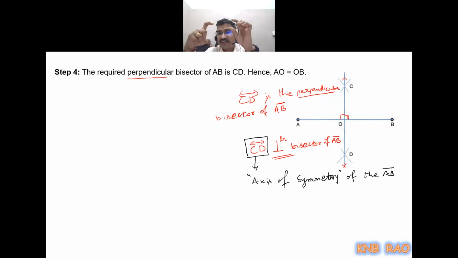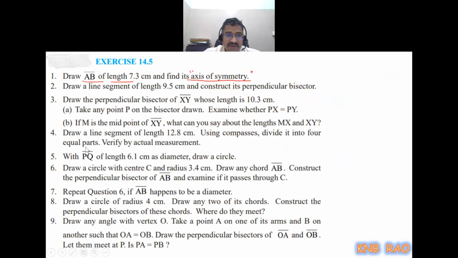That's why CD is called the axis of symmetry. So whenever they ask you to draw the axis of symmetry for a given line segment, what do you have to draw? Perpendicular bisector.